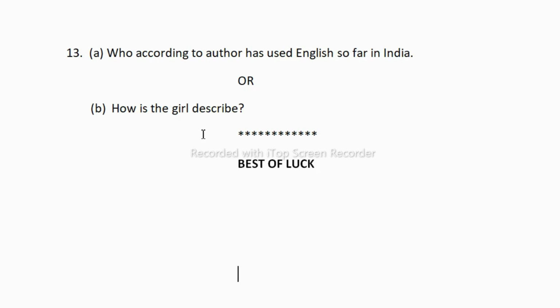This is from Workers Paradise, that is from unit 1. Here also you have to use the same format. First write the intro of the author, then about the poem or lesson, then summary, and at the last you have to write the conclusion.